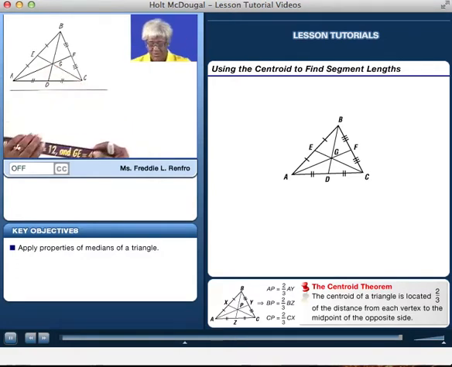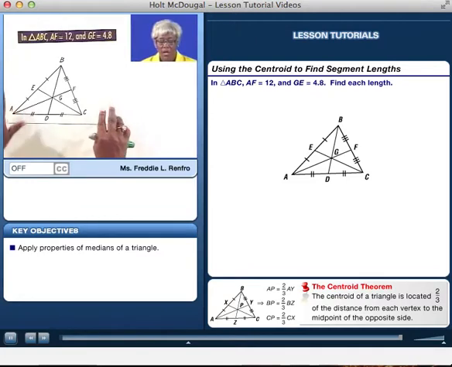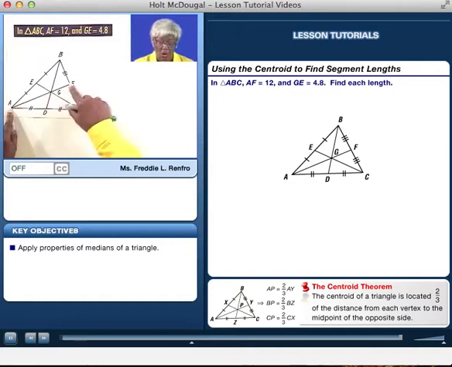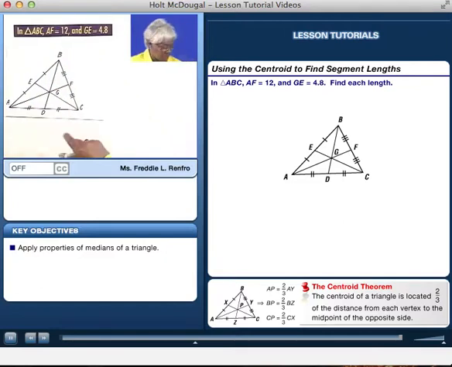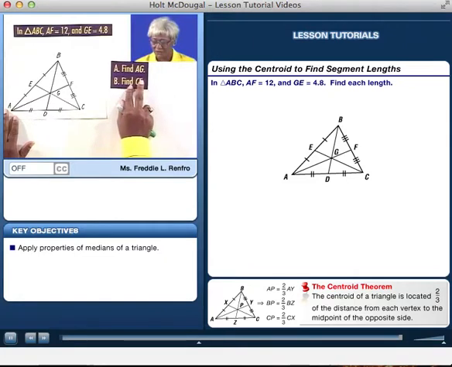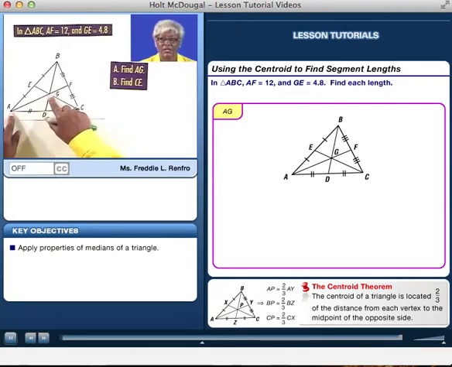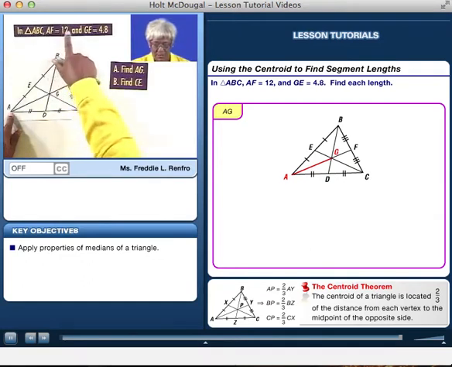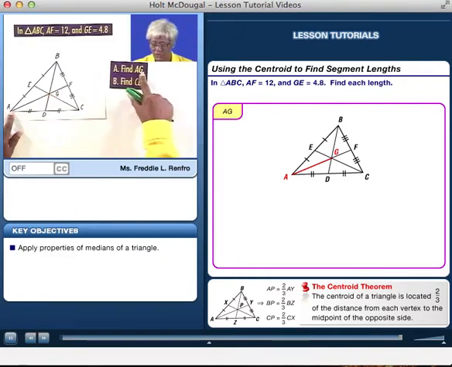Now suppose in this triangle, we're given that AF is equal to 12. Let's see if we can first find AG. We're looking for AG. We know that AF is equal to 12. What is AG equal to?